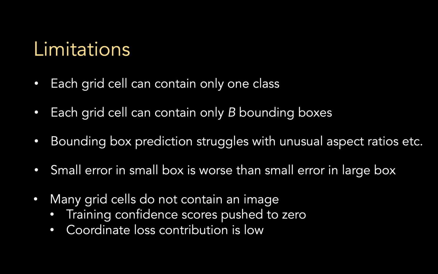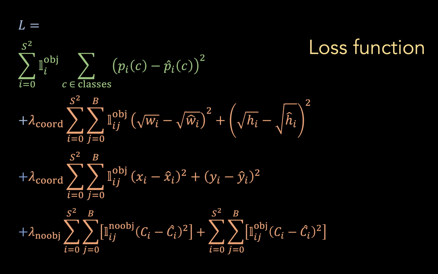So in order to address both of these problems, we can scale down the no object confidence scores and scale up the coordinate losses using the lambda scaling factors. And in the original paper, the authors set lambda no object to 0.5 and lambda coord to 5.